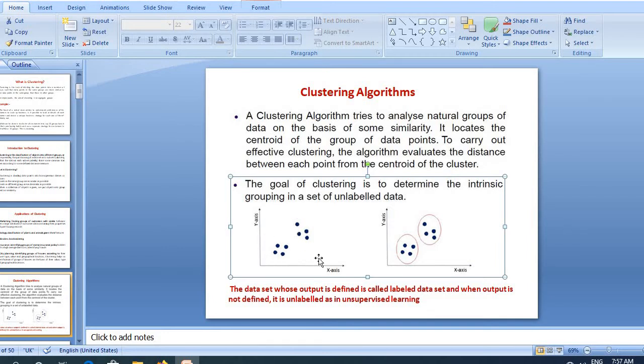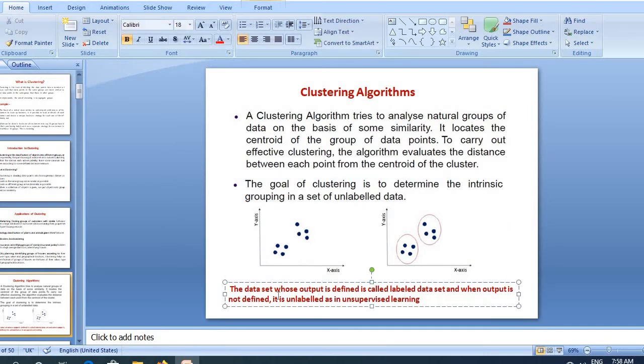Here you can see some clustering being done. You have, say, data points. The intrinsic or inherent grouping in the data is being found, and this data has been categorized into two clusters here. So here I have written, the goal of clustering is to determine the intrinsic grouping in a set of unlabeled data. So what do you mean by this unlabeled data?